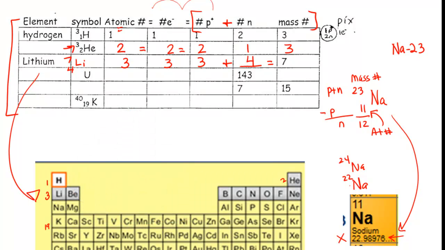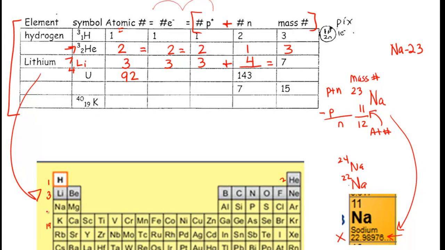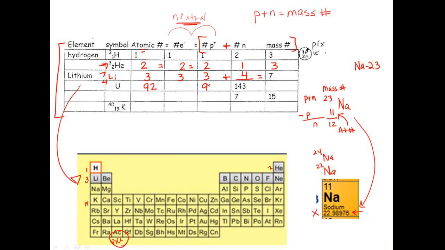Here's uranium. If you look uranium up on the periodic chart, you will see its atomic number is 92, meaning it has 92 protons and 92 electrons. 92 plus 143 is 235.